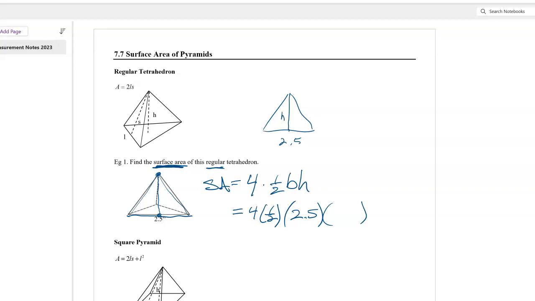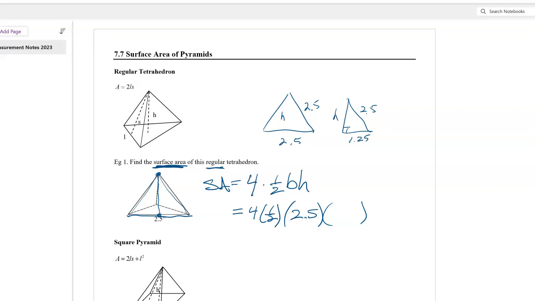Okay, what I need for that is I need to know what this length is. But since it's a regular tetrahedron, I know this is also 2.5. And so what I can do now is look at this triangle right here, and I can calculate that height. I know this is 2.5, and I know this is 1/2.